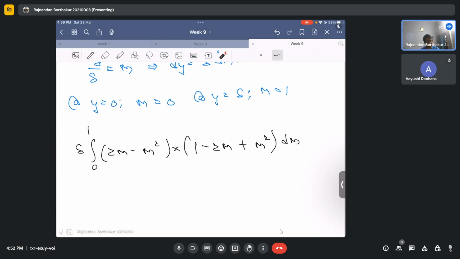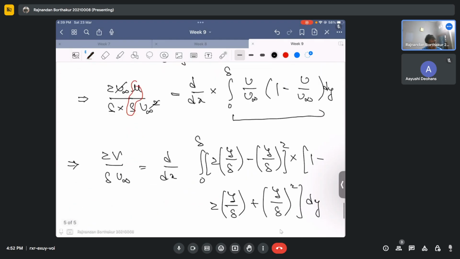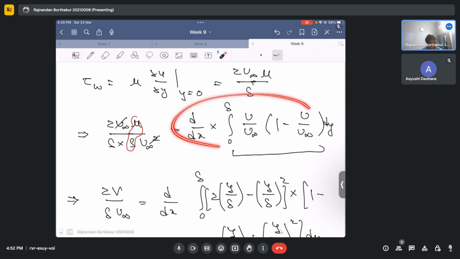This is just a simple integration, and I have done this a priori, so I'll just write down the result in the interest of time. It comes out to be 2 by 15. Which means this part simplifies to d delta by dx times 2 by 15.